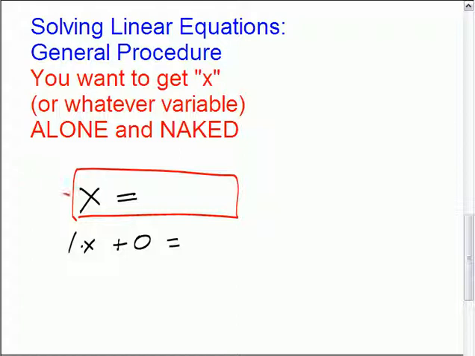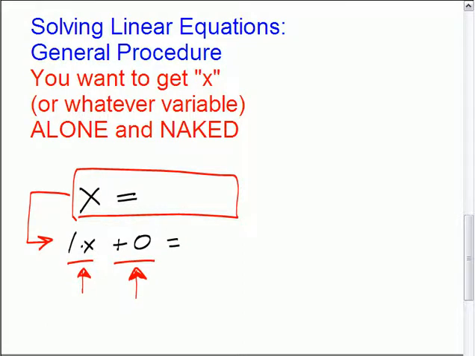But check this out. Saying x equals something is really just saying you've got 1x plus 0. Okay? So keep that in mind. We want to get plus 0 because once we get plus 0, we don't have to say that. And we want to get 1x because we know that 1x is another way of writing x.